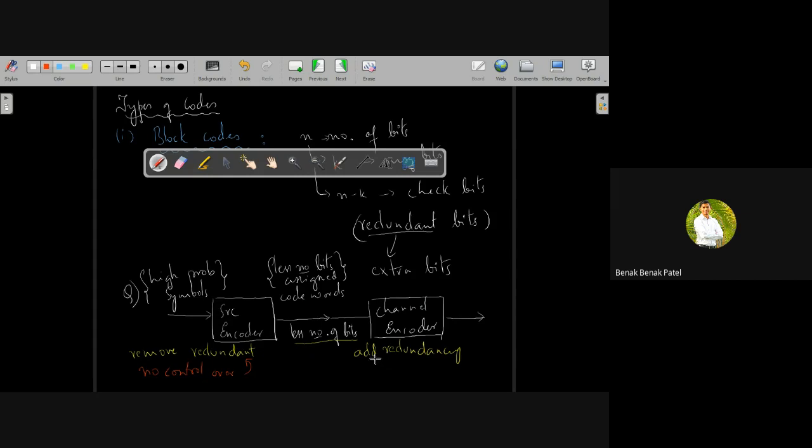We being users have no control over it. But the redundancy that we add in the very next stage, the channel encoder, is where I introduce it, and I know all the ins and outs of that redundancy, so I have full control.